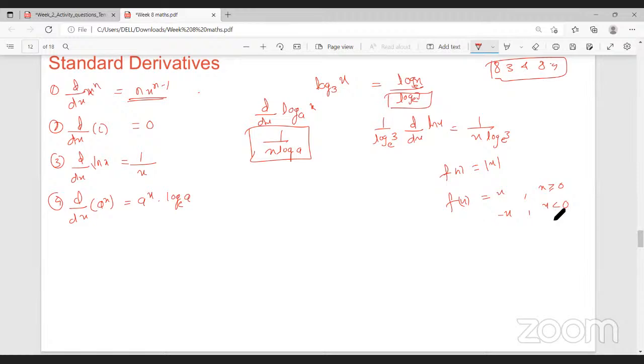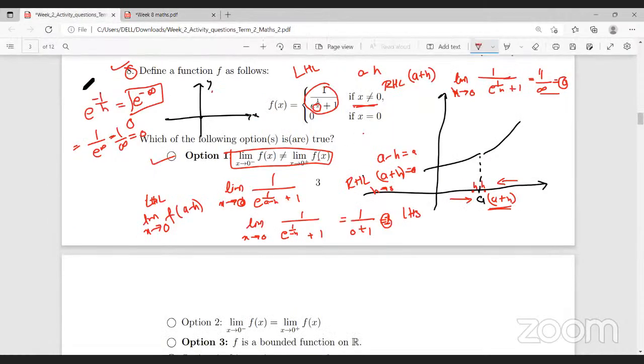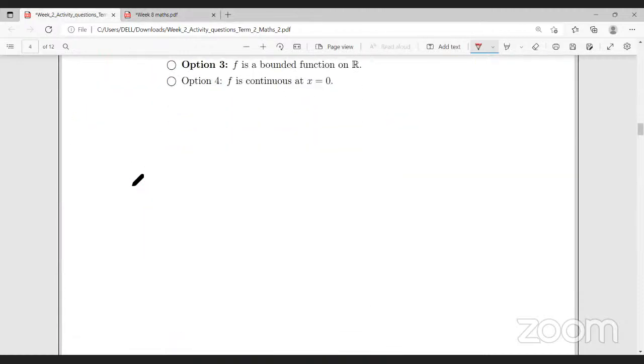But my limit will not exist, so it is not continuous. There is one activity question which asks for the same thing, where we have to differentiate using the mod function. I don't remember it, that's why I'm asking.